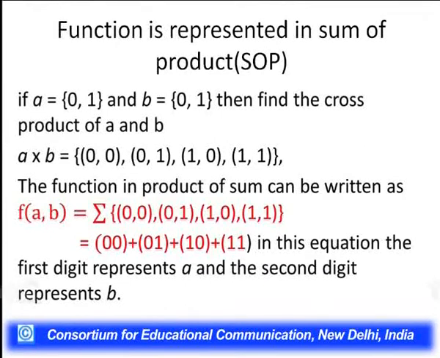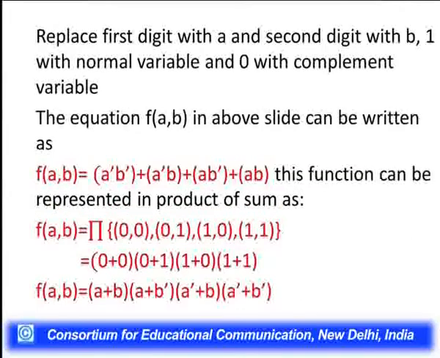So that is equal to 00 plus 01 plus 10 plus 11. In this equation, the first digit represents a and the second digit represents b. Replace the first digit with a and the second digit with b, 1 with the normal variable and 0 with the complement variable.